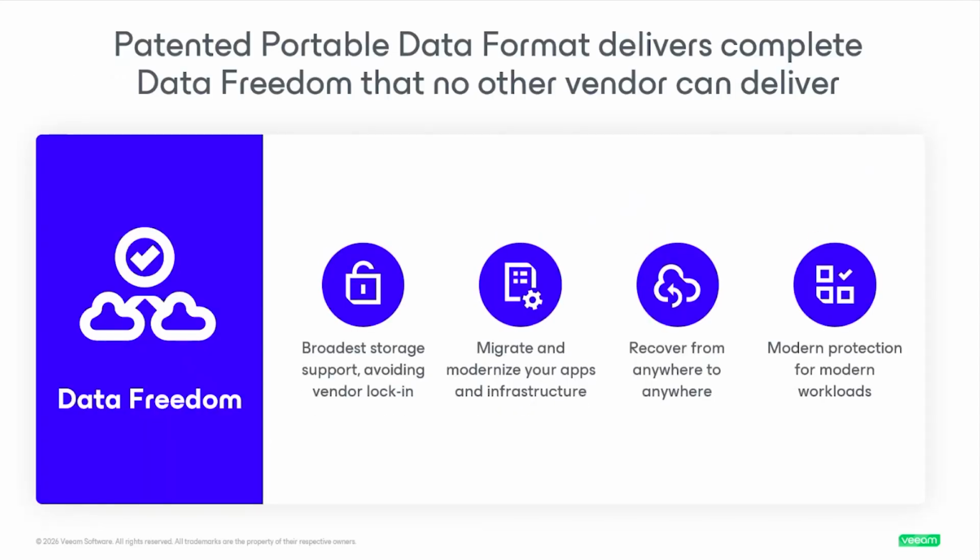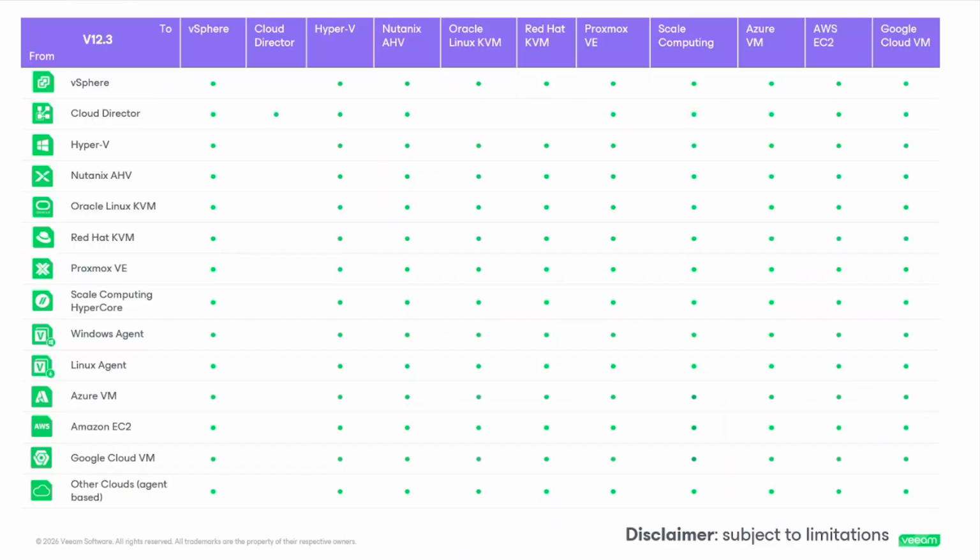All right, so portability, the freedom to recover anywhere, from anywhere to anywhere. And this is a very busy slide, but it's going to get a lot busier throughout the year. And the reason for that is we've got a universal hypervisor API that we've launched, where in the past year we've seen a trend where a lot of customers have asked for different alternatives to VMware, purely from a costing point of view.